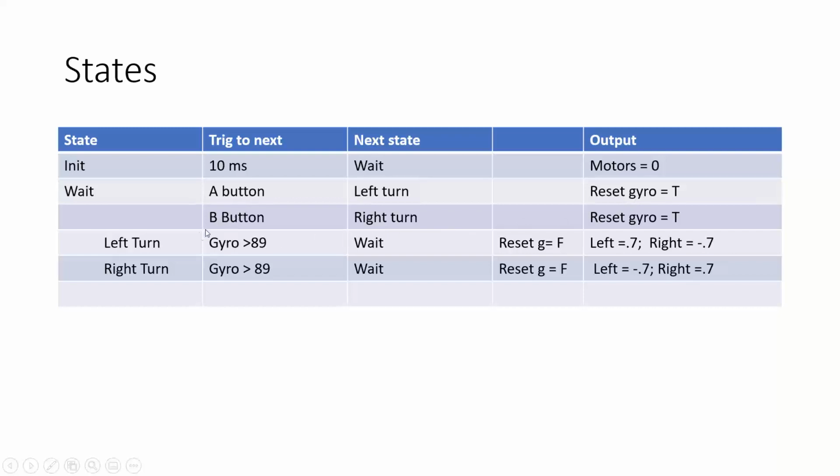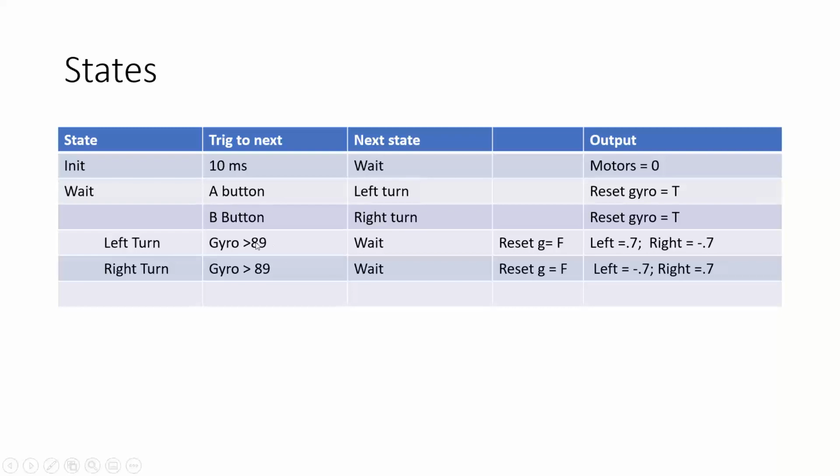So if we push the A button, it's going to go down to the left turn state, and the thing that's going to get us out of this state is when the gyro exceeds 89 degrees. While that's happening, we're going to turn one wheel backwards and one wheel forward, and we know by the polarity on the motors which direction we're turning. So if the right wheel is turning forward and the left wheel is turning backwards, we're executing a left turn.